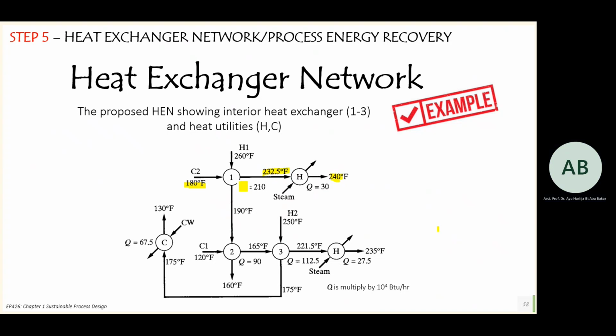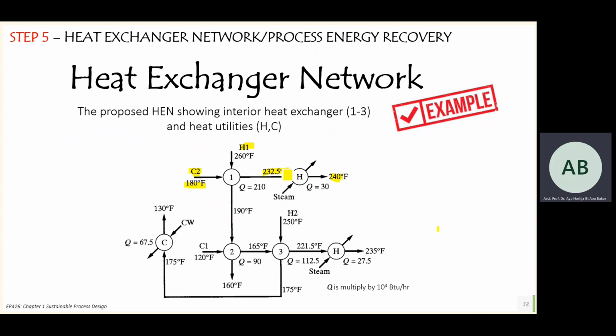Okay, but in the process, you have a stream at high temperature. H1, hot stream. Cold stream. Okay, hot stream. So this hot stream you can use to heat up this cold stream, the C2 stream, to a certain temperature.